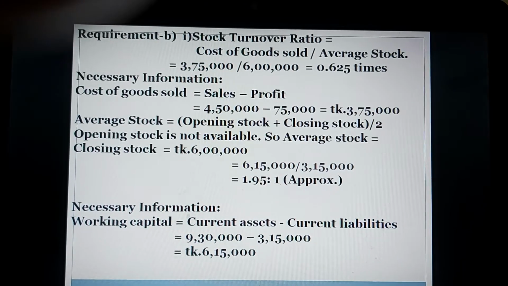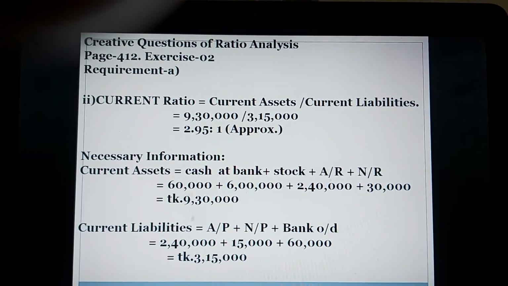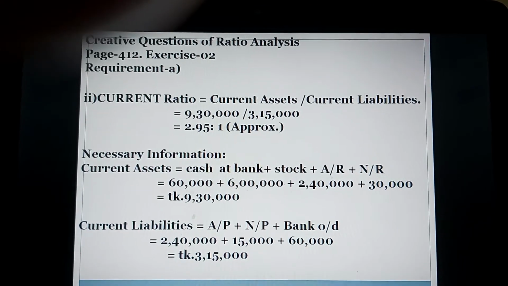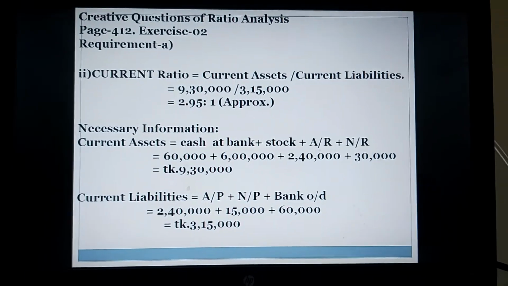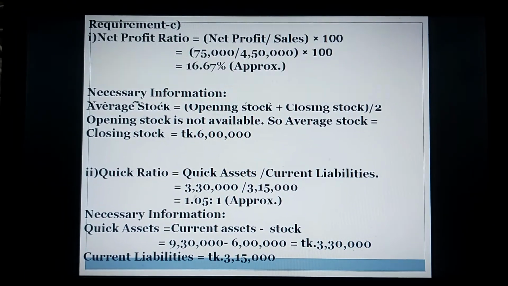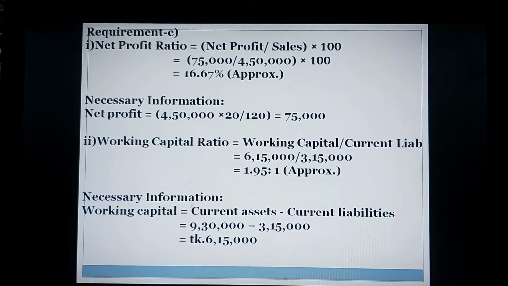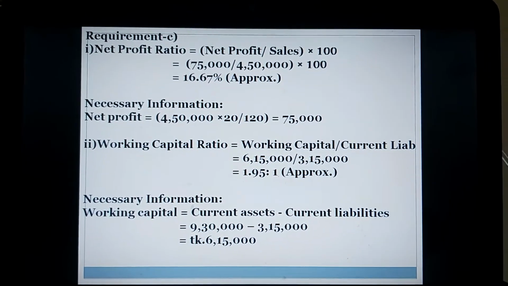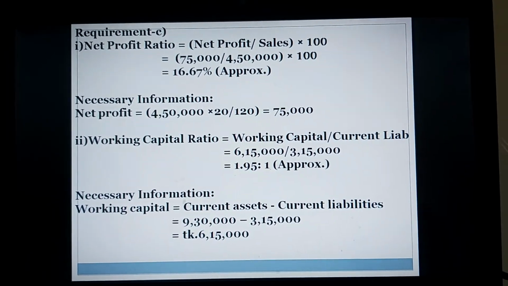Dear students, just I can help for seeing. Current assets in information 9,30,000, current liabilities is 3,15,000. So this amount is already calculated, so you can take it for requirement C part 2, that is working capital ratio. So working capital is 6,15,000. Now you can go for computing working capital ratio.